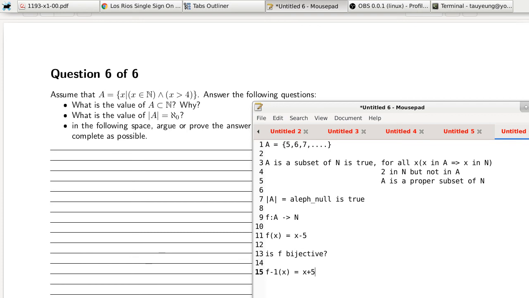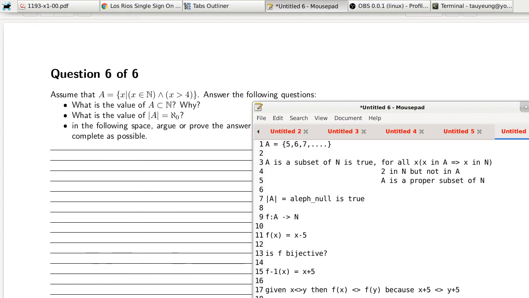The other thing you can argue is, given x does not equal y, then f of x does not equal f of y, because x minus 5 does not equal y minus 5. So you can argue that. That makes it injective. Once you prove that it's injective, you also have to make sure that it is surjective.